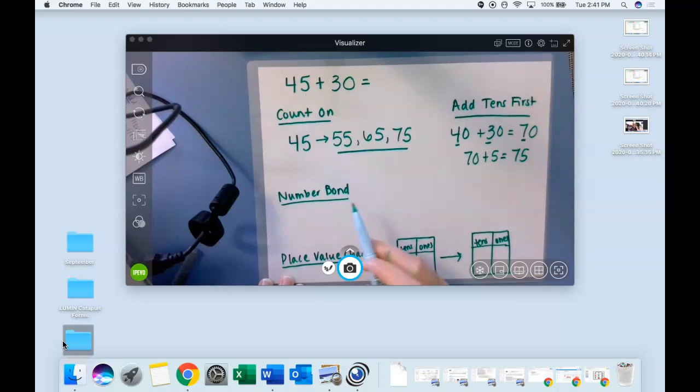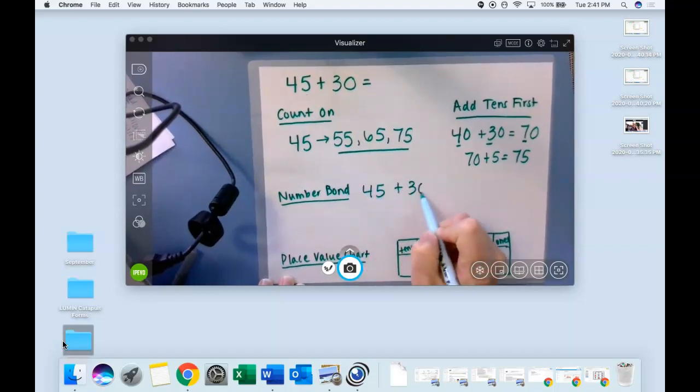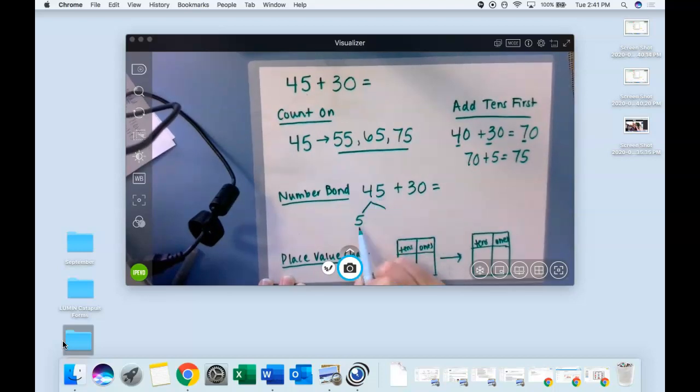The number bond strategy would include decomposing, which I saw you do today, and here's how this would sound. I'm going to solve by first decomposing 45 into 5 and 40.